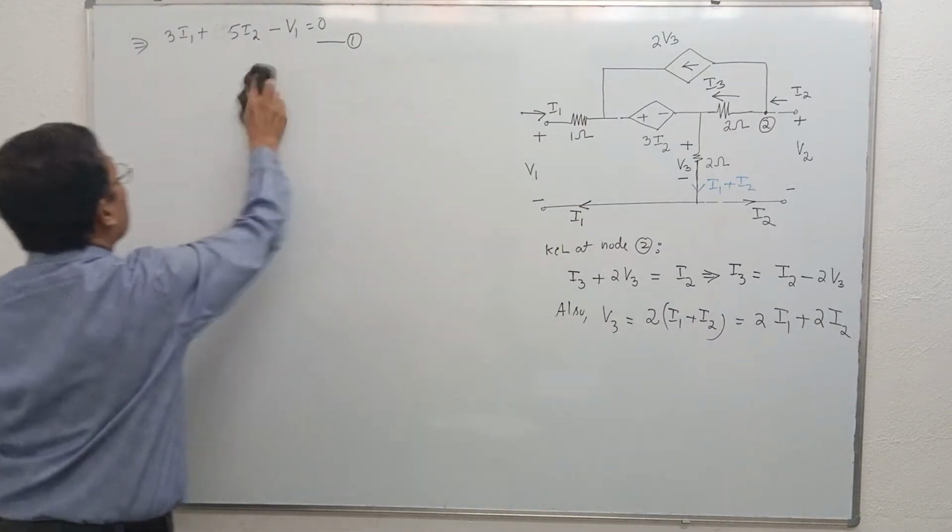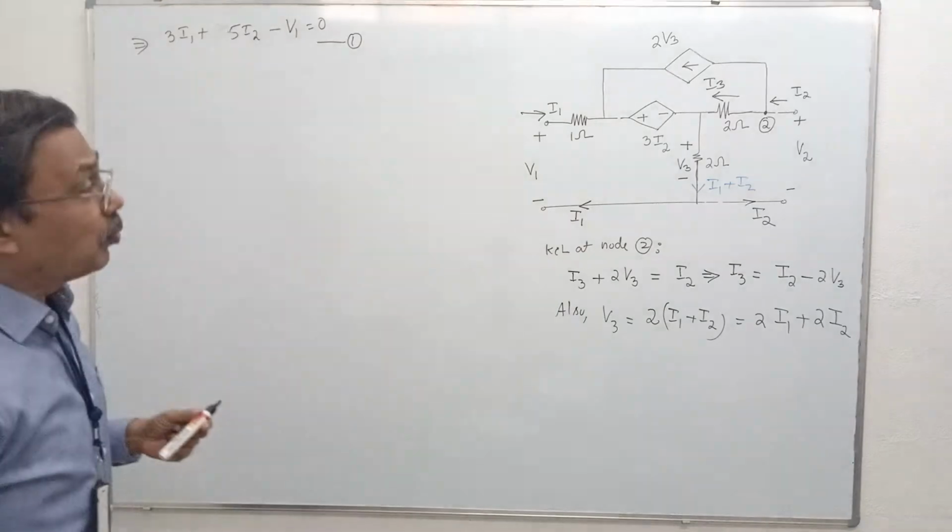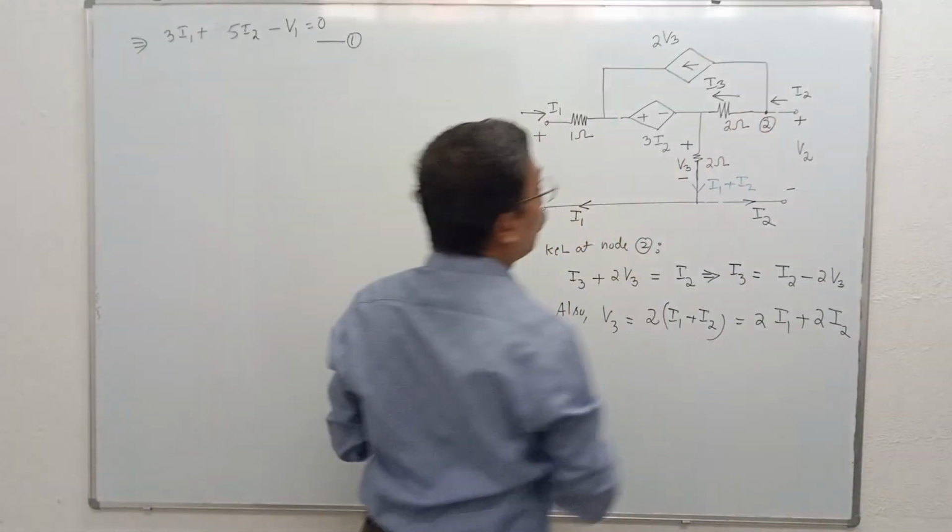Next what we do is we will apply KVL to loop number 2, also called output loop.